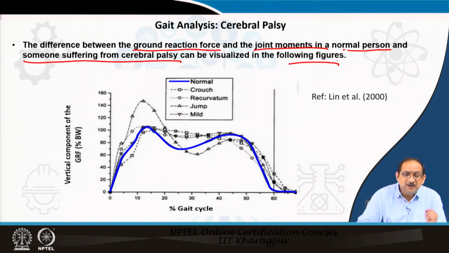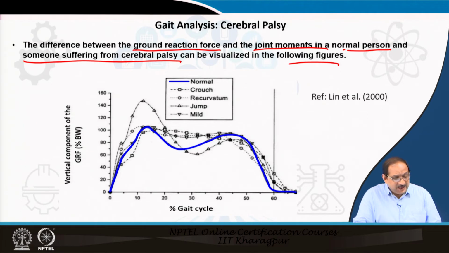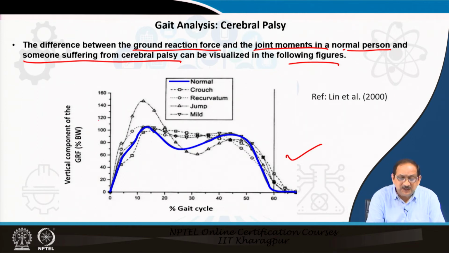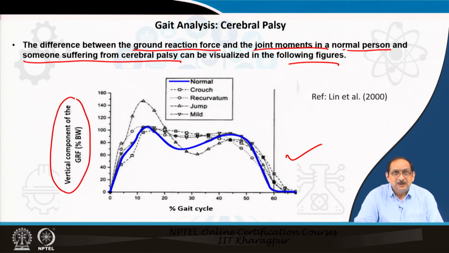There are two figures corresponding to the vertical component of the ground reaction force, and in the next slide I will be presenting the figure on joint moments. So, the excessive ground reaction force in the case of a cerebral palsy patient is evident in this figure.